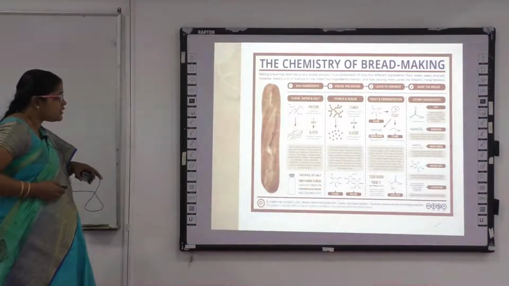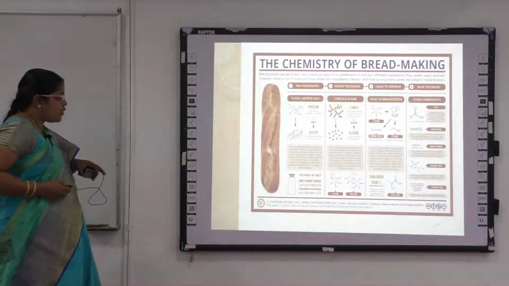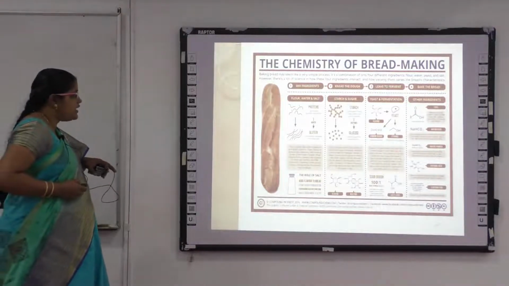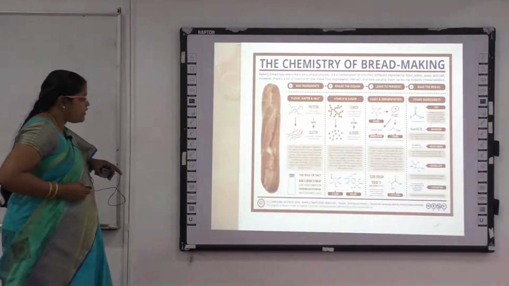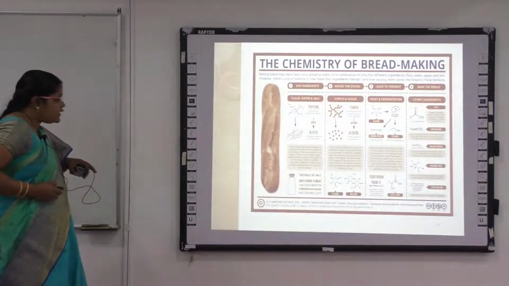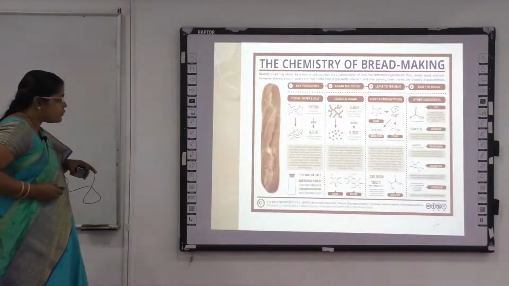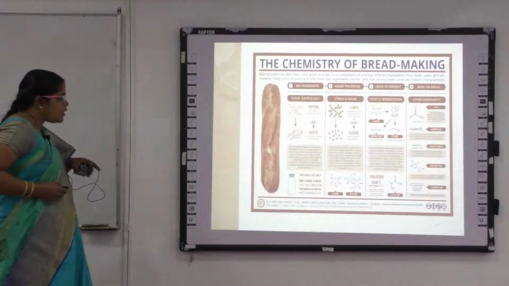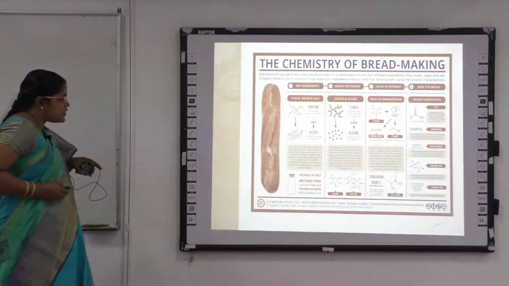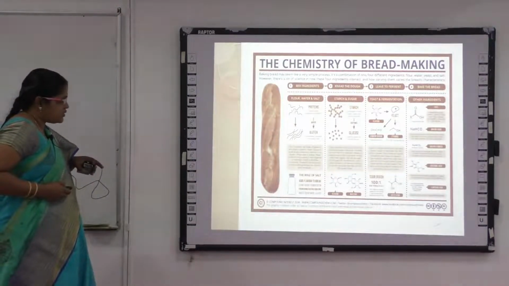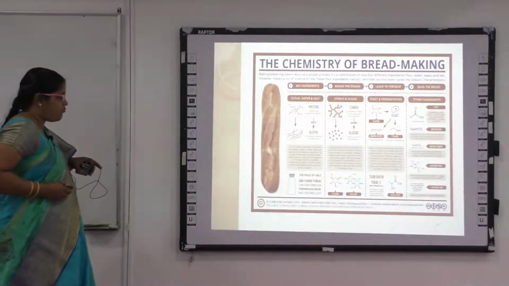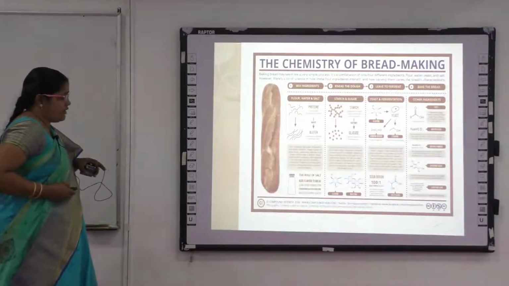When we mix flour with water, these insoluble proteins combine together with water and form a network. We could see small lines in between the strands. So this network formation is called gluten development.